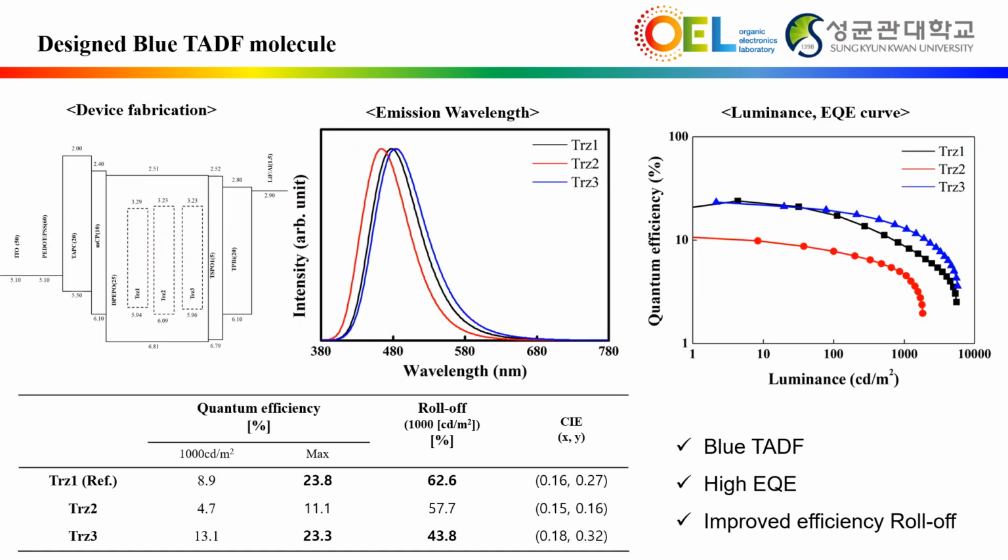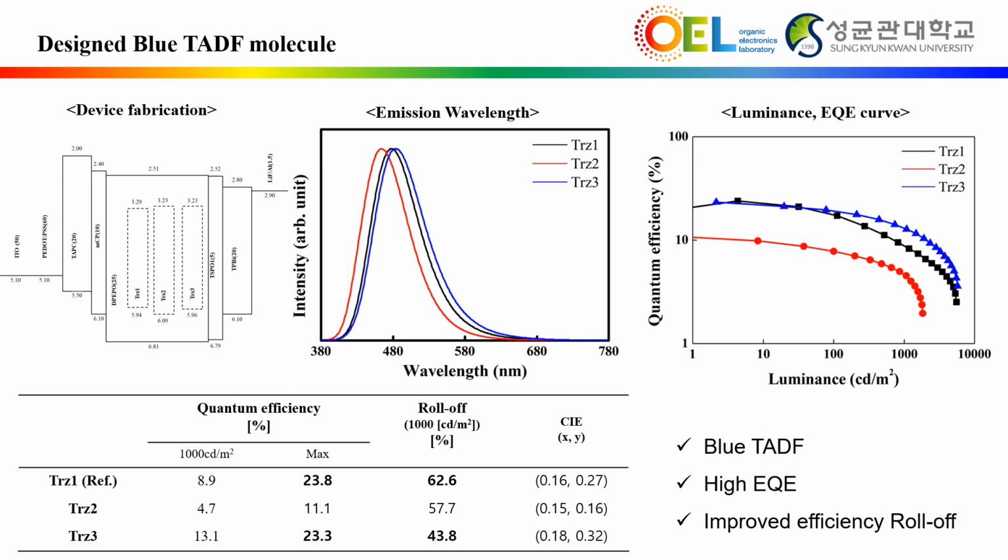By manufacturing this device, the characteristics in EL were identified. All three molecules were measured in an N-type DPEPO host and emitted light in the blue range of 460 nanometers to 470 nanometers.